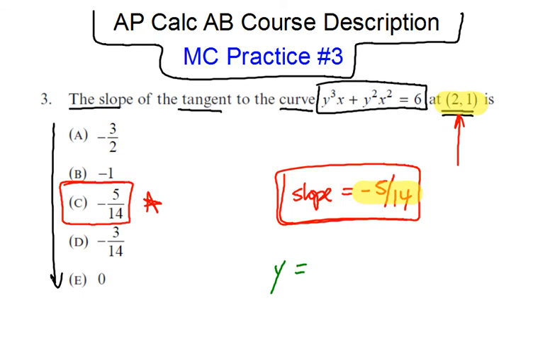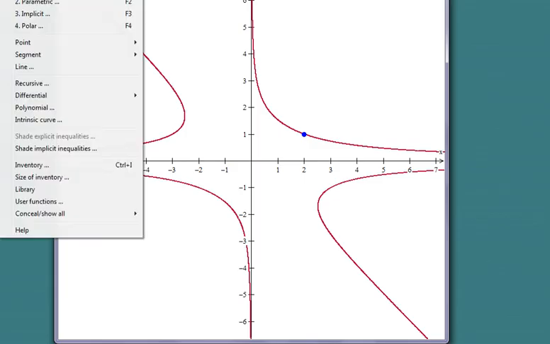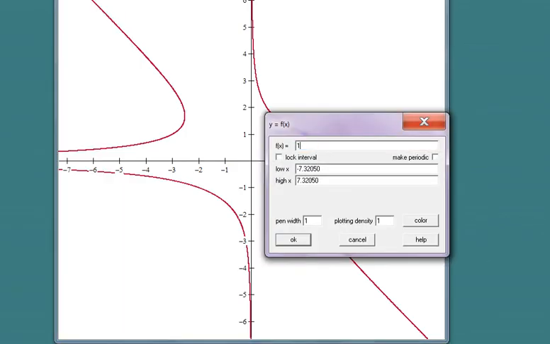And this should be a skill in your repertoire. Okay, so we have the y value plus the slope times x minus the x value. Let me go ahead and type that in: 1 plus negative 5/14 times x minus 2.